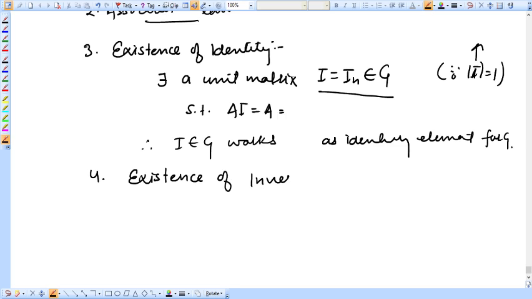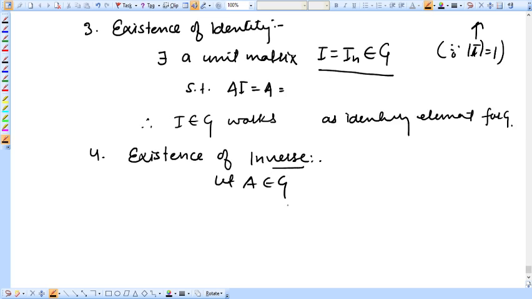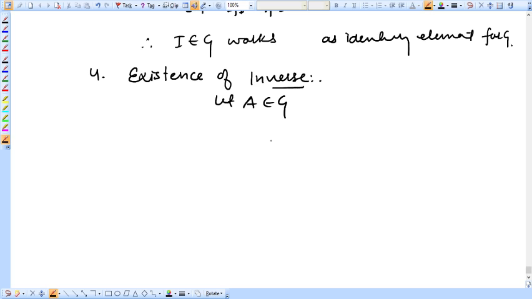Now last is existence of inverse. Let A belong to G. We are going to find the inverse for this element. Since it belongs to G, the determinant of A is equal to 1.